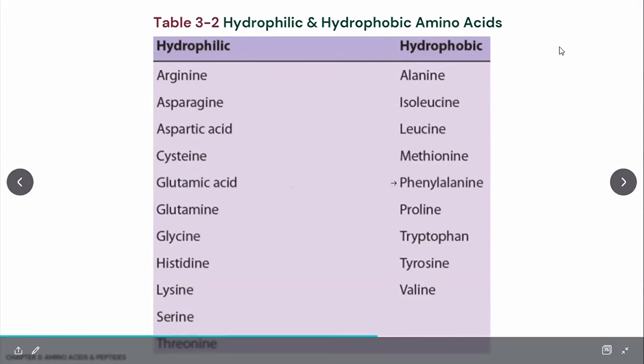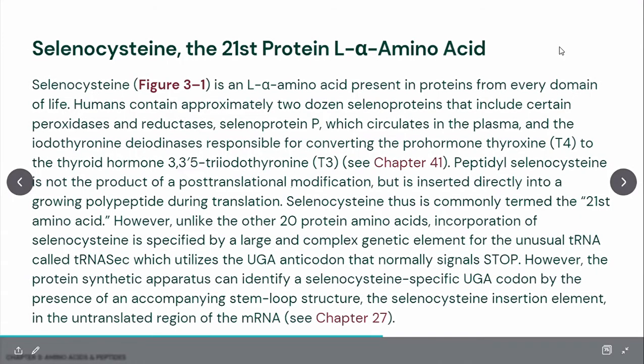You have this one here. What do you have here? You have an aromatic ring. Okay.